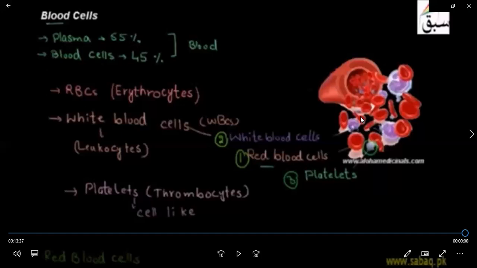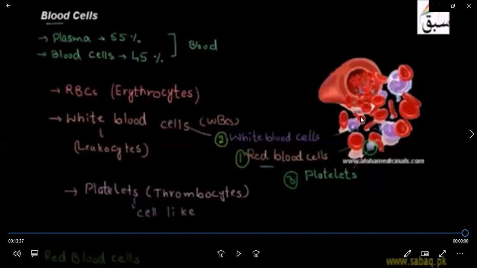So RBCs having hemoglobin join with oxygen molecules and form an oxyhemoglobin complex inside the RBCs. Then these red blood cells move across the whole body through the blood and reach the cells that require oxygen, and release the oxygen from the complex towards the cells.